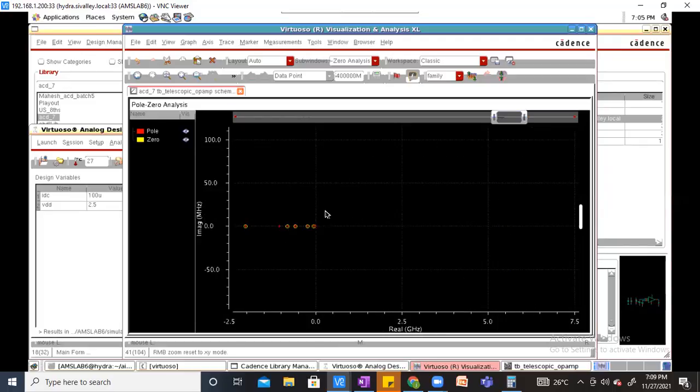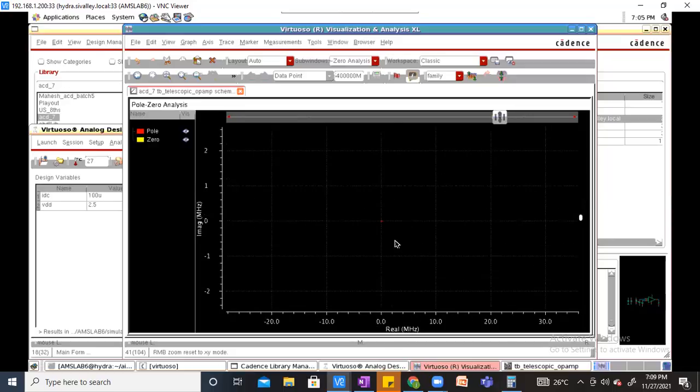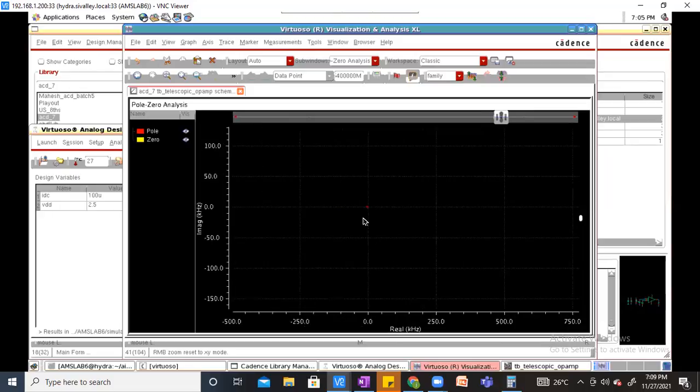The only one mattering for me is this one pole, at some 1.9 kilohertz frequency. Any questions, guys? No questions?